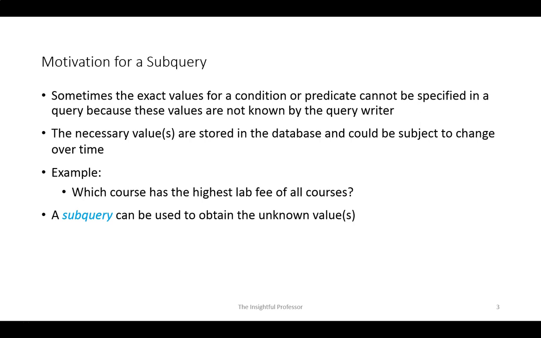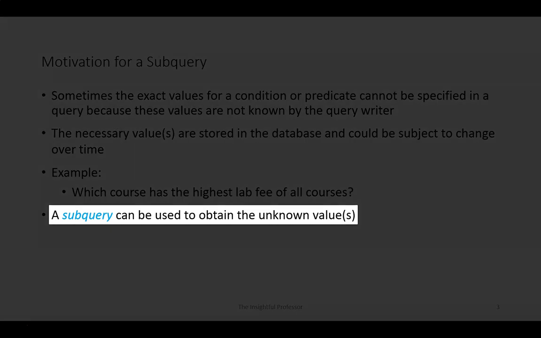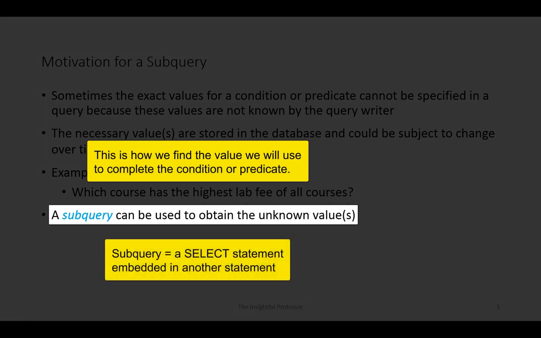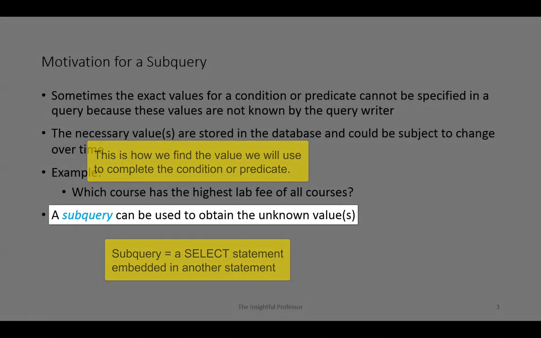So the unknown values can be determined through the execution of a query, and the result of that query would then complete the definition of this predicate. A subquery is the technique that can be used to obtain these unknown values. A subquery is a select statement that is nested or embedded within another select statement.